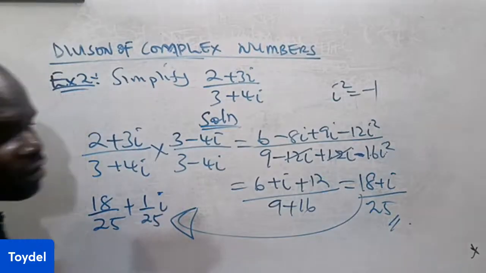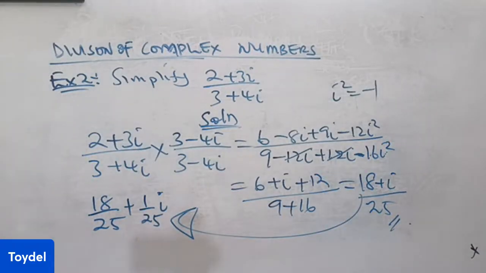It's still the same thing. So if you like, you can split it, and if you like, you can leave it that way. So that is that about division of complex number.